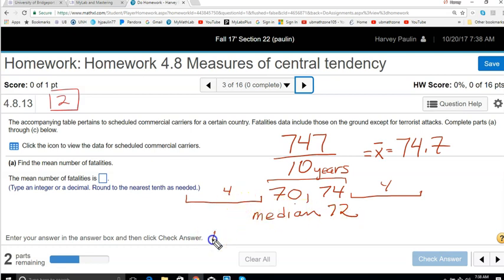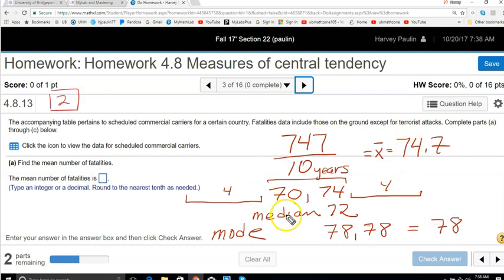And then for the mode, as we looked through this, there were 2 that were 78. No other number was repeated, so our mode then would be 78.